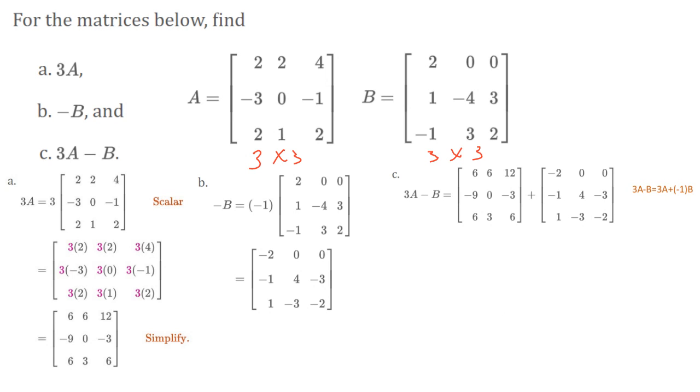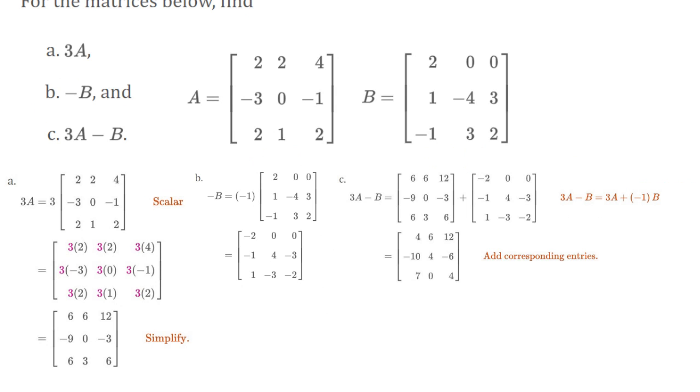So they have the same dimension. That means that we can add and subtract. And so we're going to do corresponding entries. So I'm going to add 6 plus -2. And then we're going to add 6 and 0 together, and so on. And so that's what I mean by corresponding entries, 12 and 0, and so on.